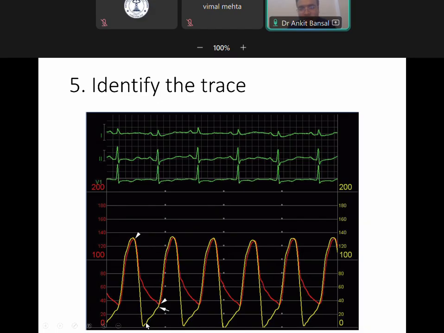So upsloping in diastole is LV, downsloping in diastole is aorta. So these are the aortic and LV pressure traces. What is the most conspicuous finding here? I'm not asking for the diagnosis.